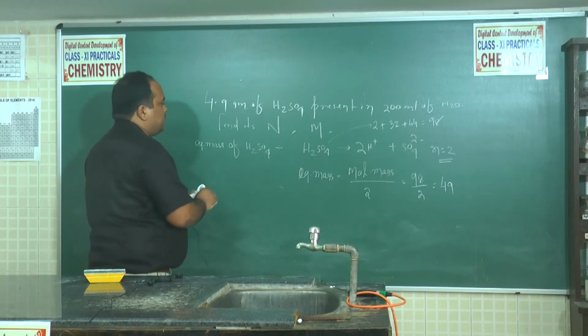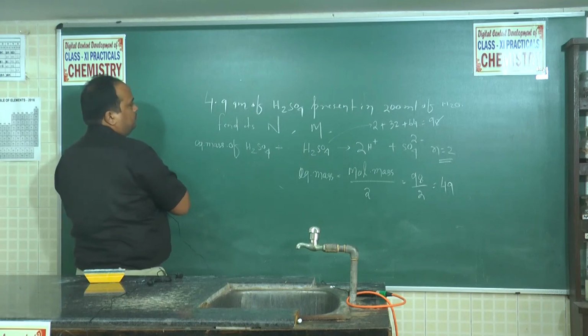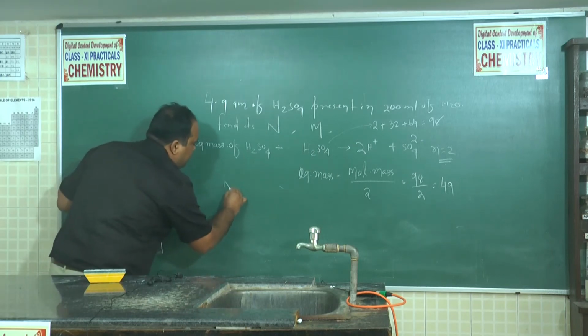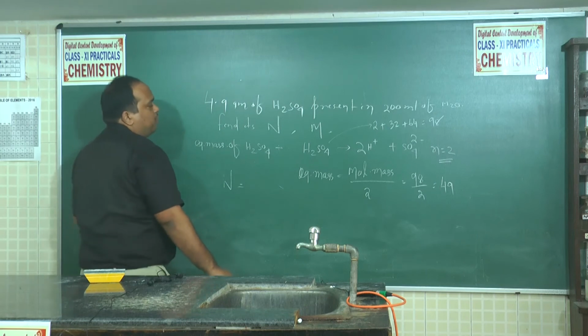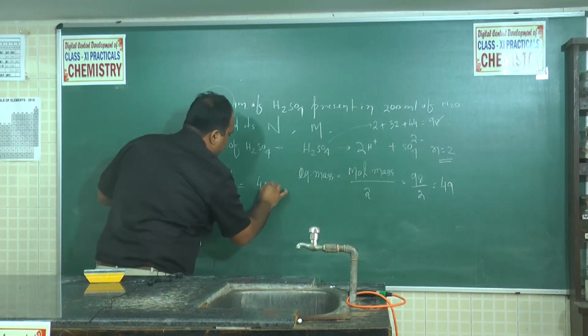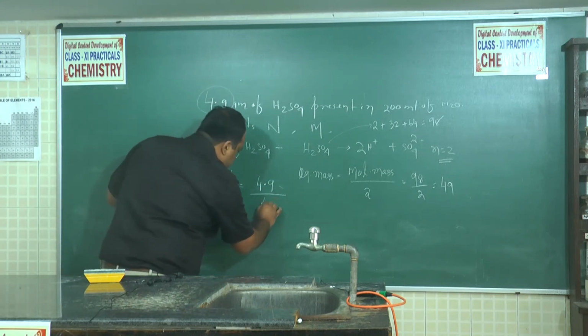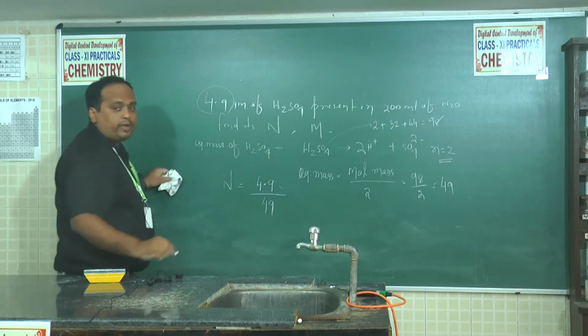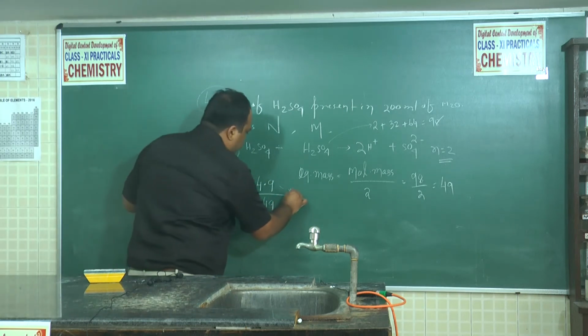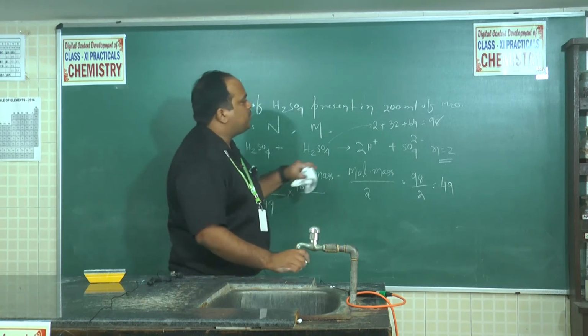Now we have to put in the formula. So what is normality? Given weight, what is the weight given in the question? 4.9 gram. Then the equivalent mass you have calculated, 49, into 1000 by the volume in ml of the solution.